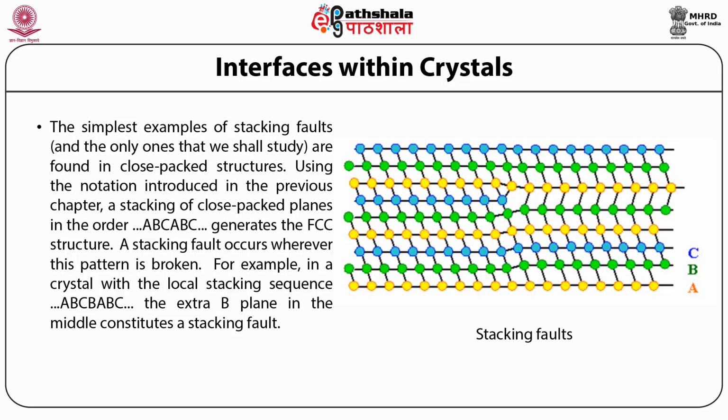This can be an extra B plane, or there can be a missing plane. As you can see in the diagram, it is shown in three different colors, A, B, C, and then A, B, and you can see that in the C type, some extra line has been introduced on the left-hand side.